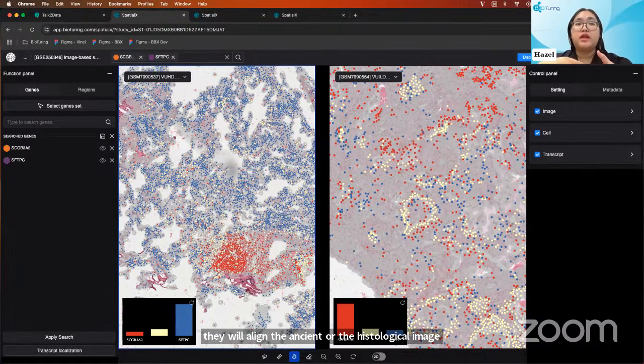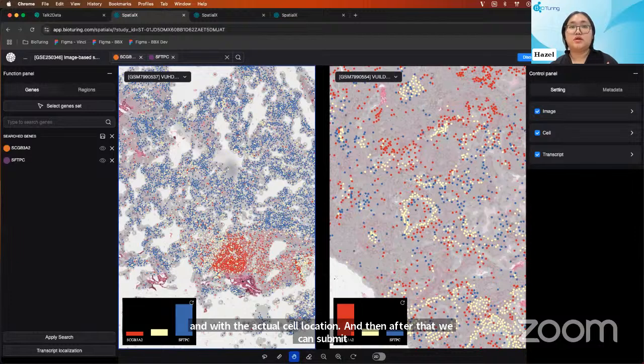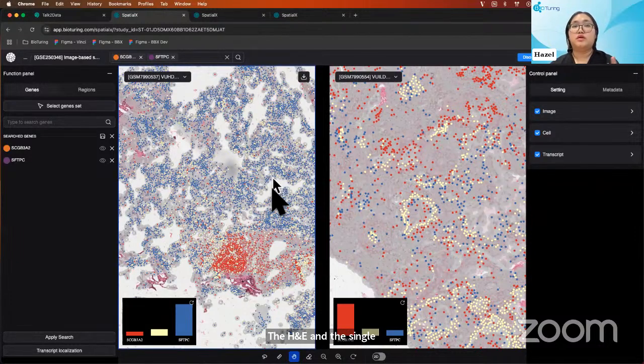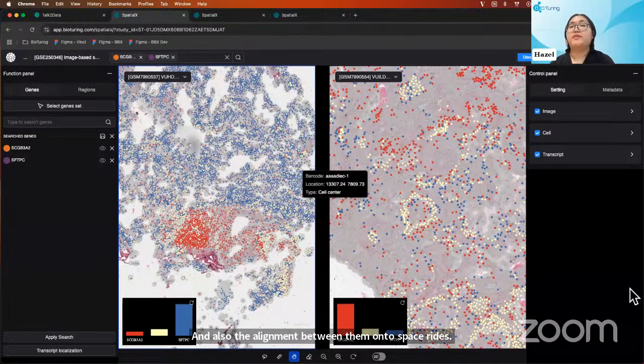After that, we can submit the H&E, the single cell spatial data, and also the alignment between them onto SpatialX. And there you go. That's what you have with SpatialX.